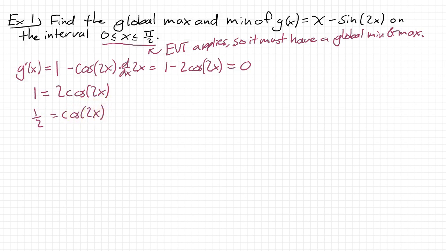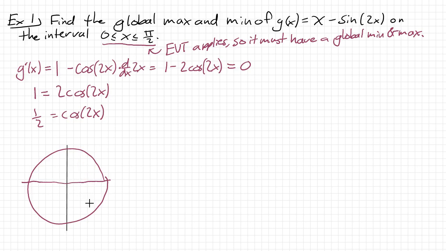And now we need to think about trigonometry a little bit, to think about what values of x within this interval make cosine of 2x equal to 1/2. So first of all, I like to think of a unit circle for this kind of thing. Okay, it's a little ugly, but we want to make the x-coordinate here become 1/2, so we can see what is the angle that makes the x-coordinate be 1/2.